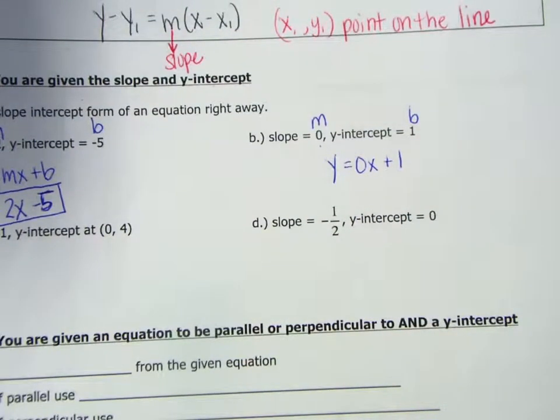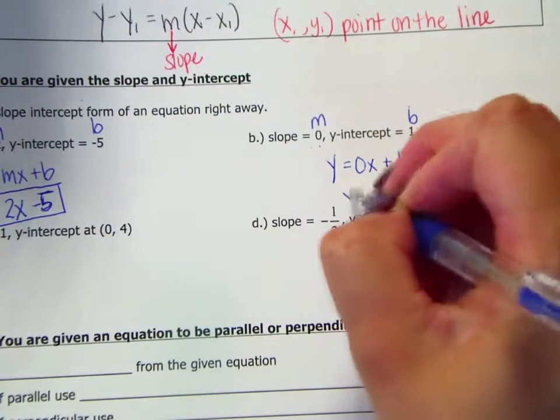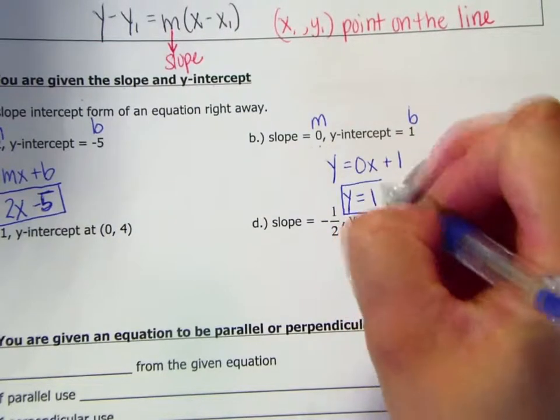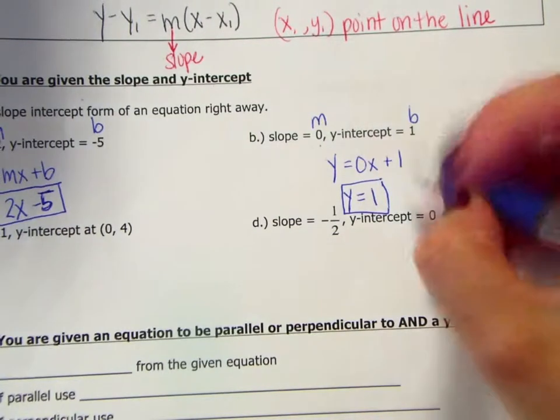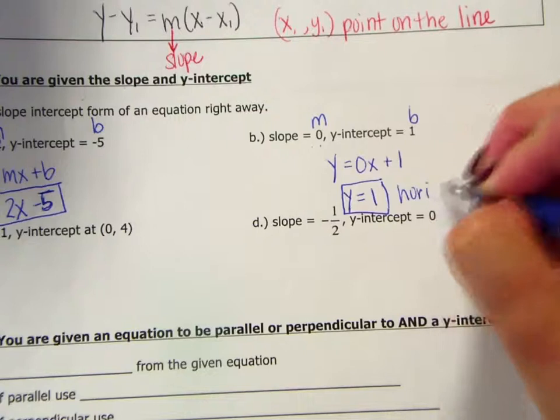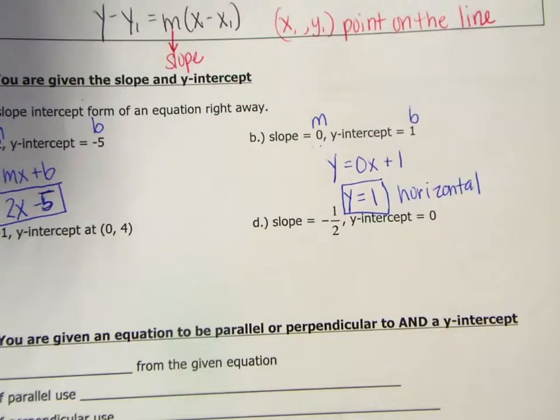If you want to leave it like that, that's fine, but we typically would then just write y equals 1. What kind of line is that, that has a slope of 0? This is horizontal. Okay, this is horizontal.